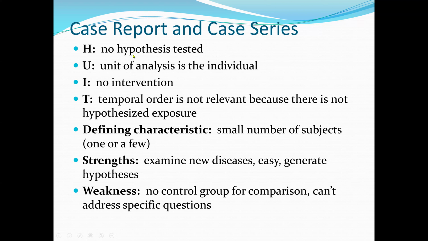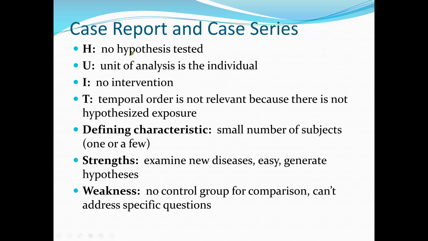So with the case report, no hypothesis is tested, and the unit of analysis is the individual. There is no intervention. There will be intervention only if we can test the hypothesis.